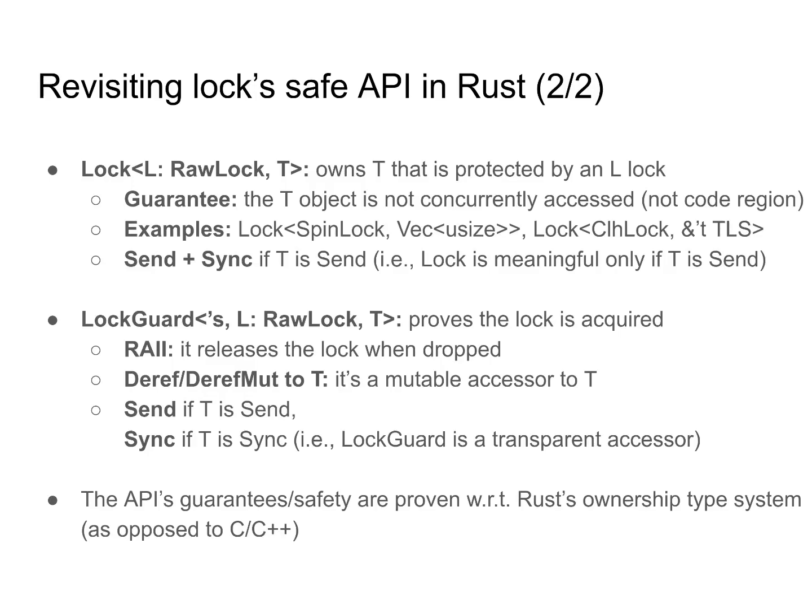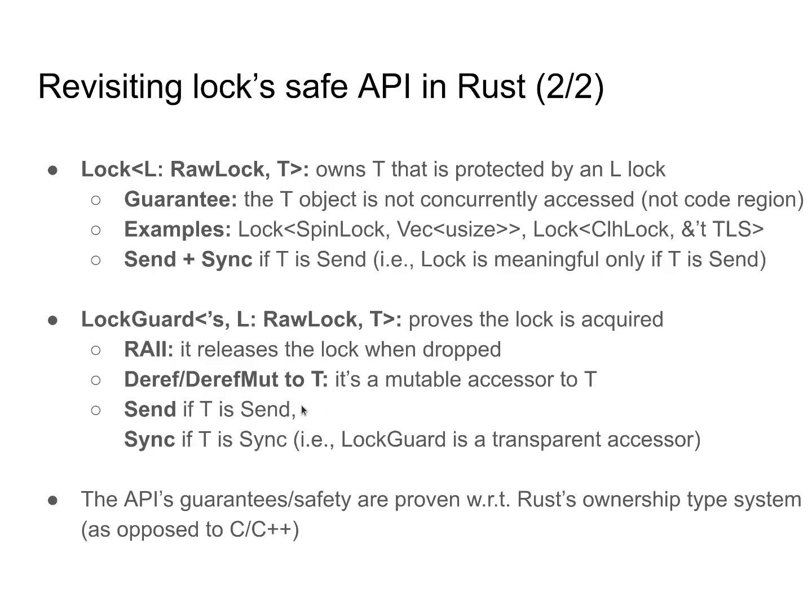That means that you can acquire a lock and then transfer the ownership that you have acquired a lock to the other threads. And then the other threads can also access the data because it is implementing Deref and DerefMut. That's the reason why you have to require the type T is sendable. Only if the type is sendable, you can safely send the lock guard to the other thread so that the other thread can safely access the underlying data.